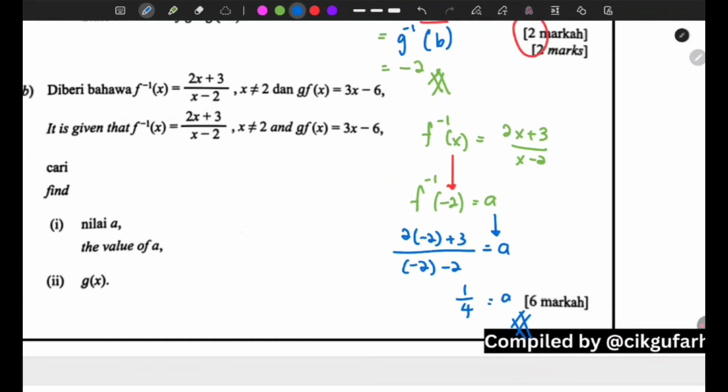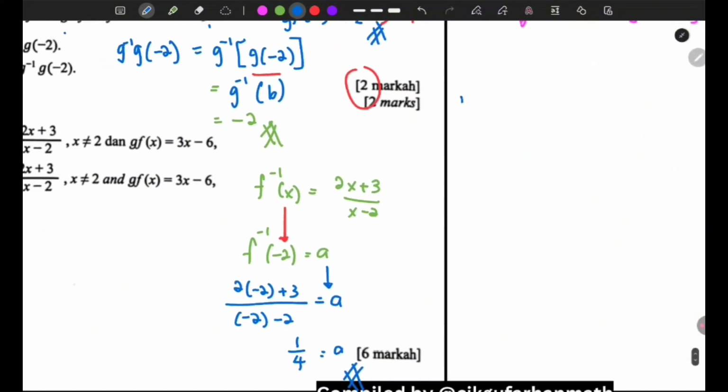Find the value of f(x). So I do b here. I got my gf(x), 3x minus 6. So gf(x) is made up of g(x) and f(x). But do I have my f(x)?